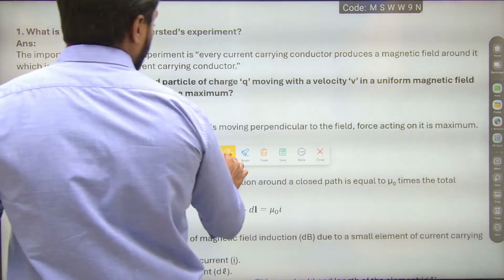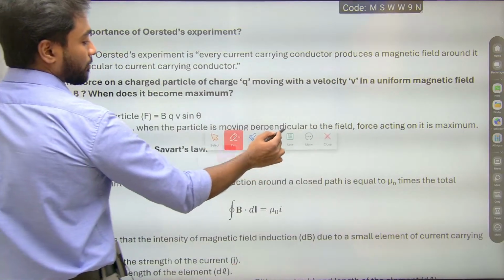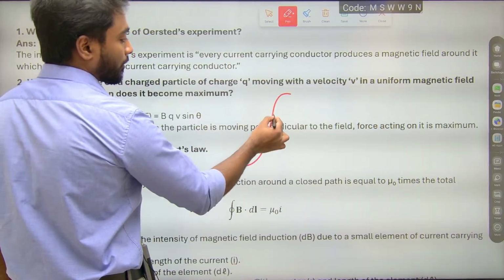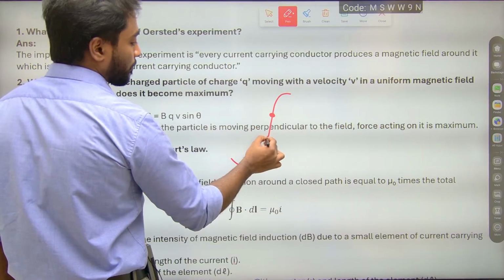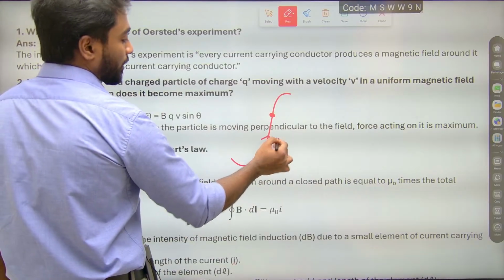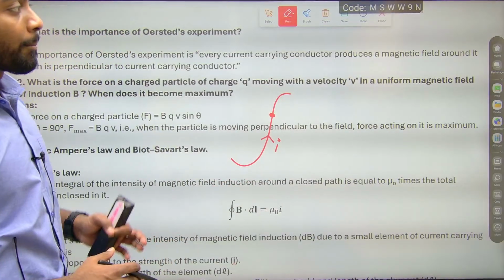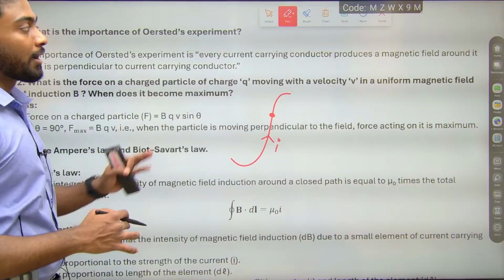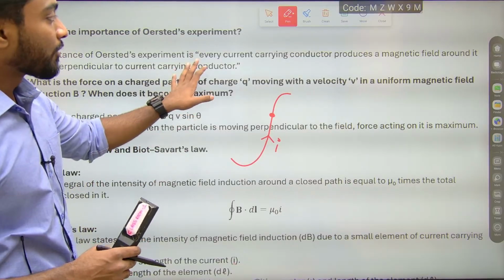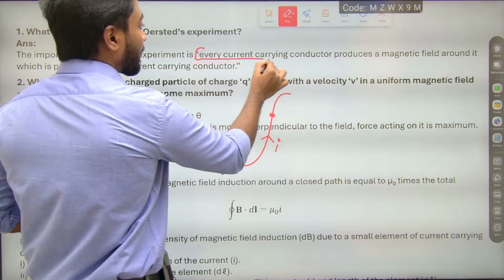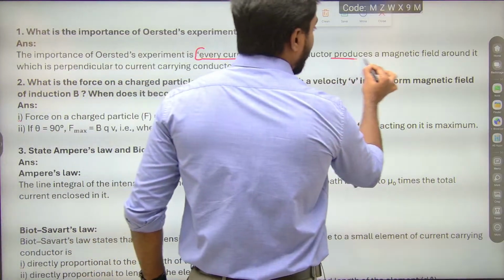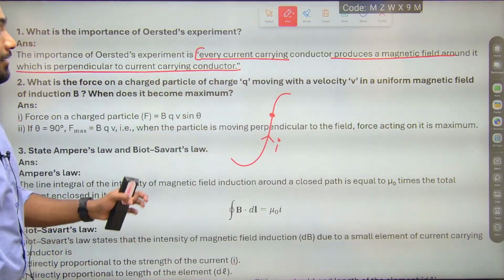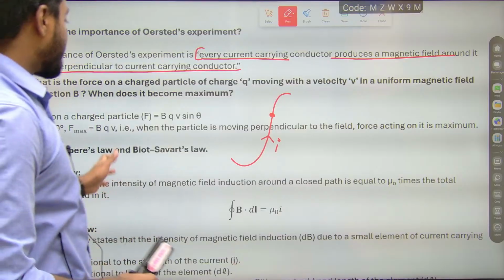If we take a conductor in which charge particles are flowing with current I, the conductor produces a magnetic field around it, which is perpendicular to the current carrying conductor. So, every current carrying conductor produces a magnetic field around it, perpendicular to the conductor. Got it?